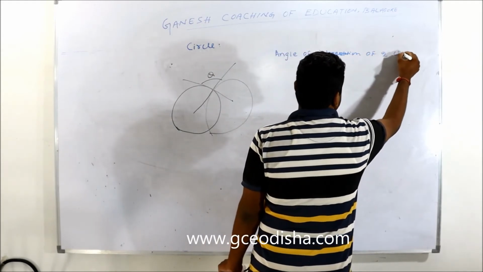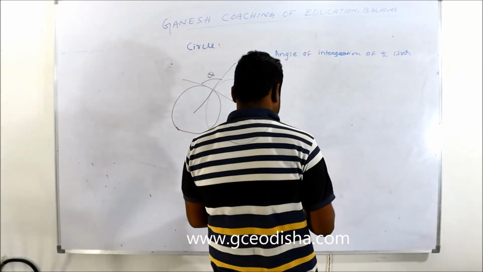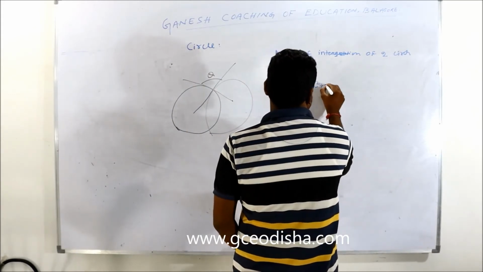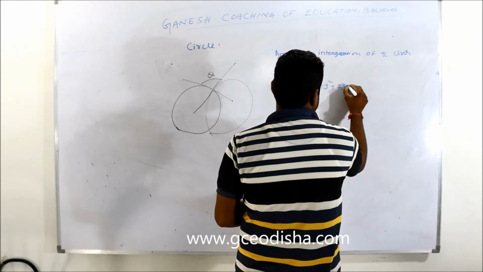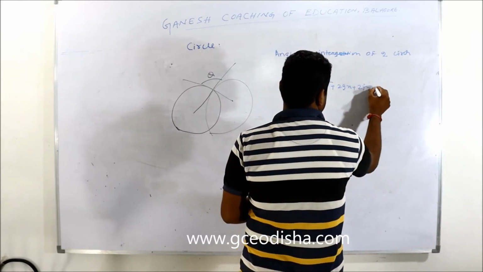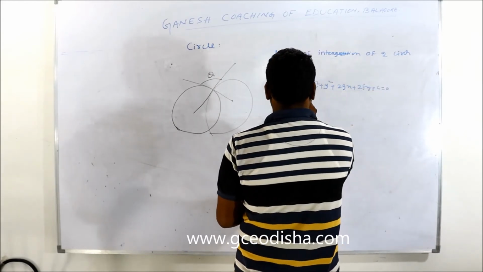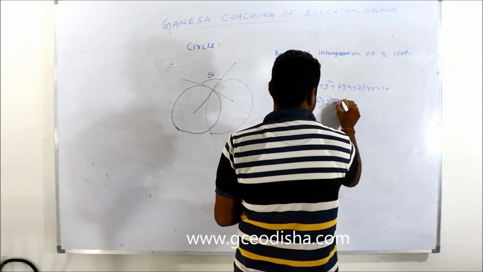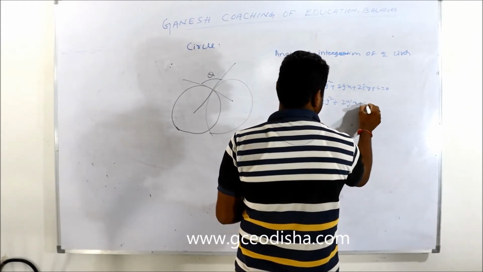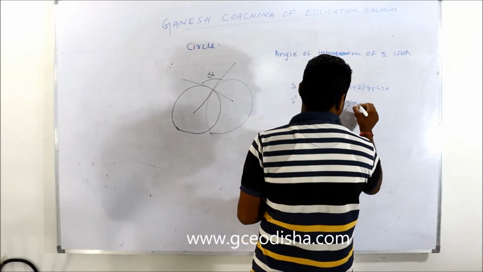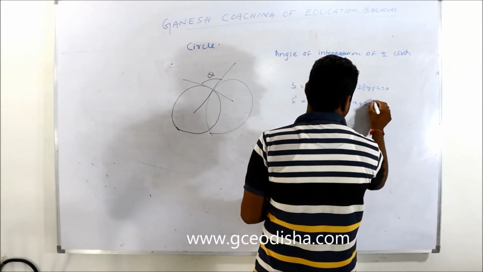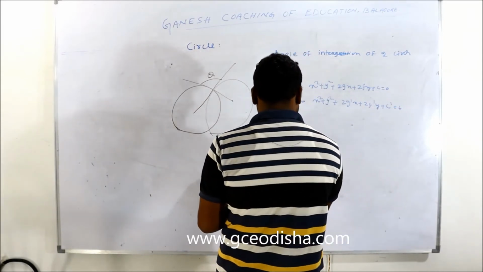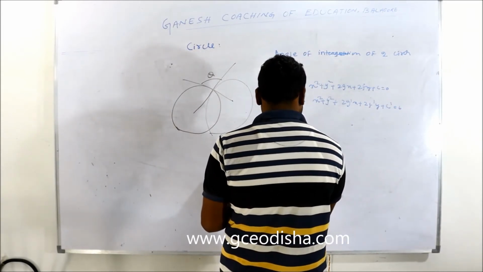of two circles. Okay, like the circle S1: x square plus y square plus 2gx plus 2fy plus c is equal to 0. Another circle S dash is equal to x square plus y square plus 2g dash x plus 2f dash y plus c dash is equal to 0. Then what will be the value of cos theta?